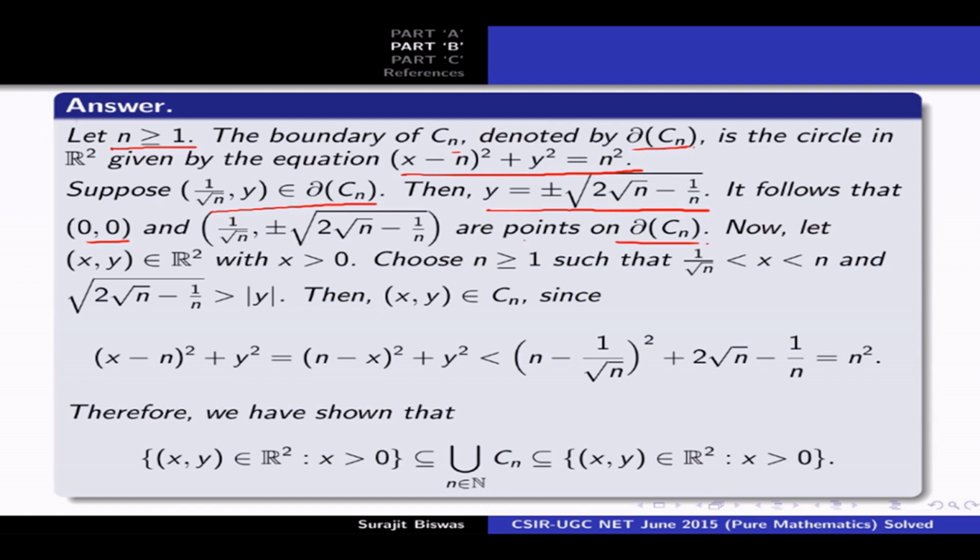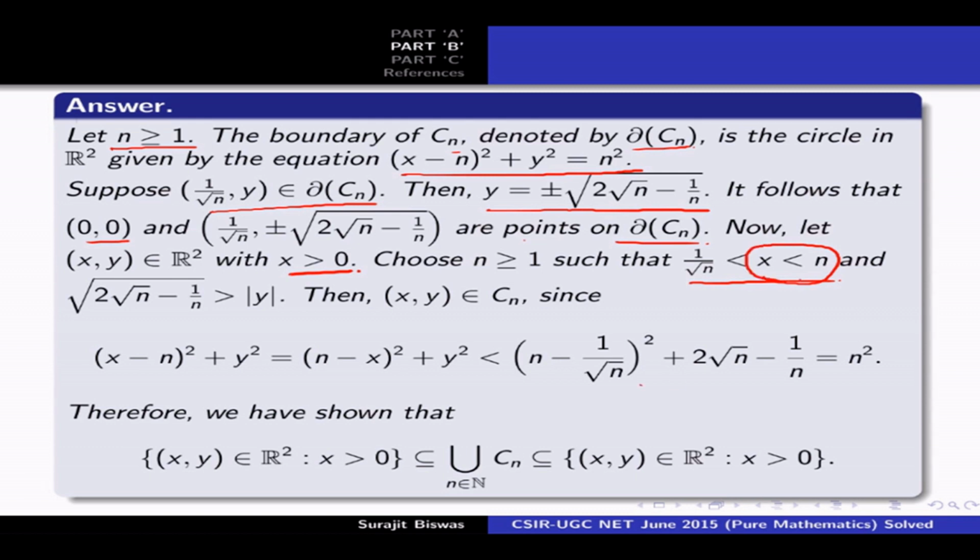Now let (x, y) in R2 with x bigger than 0. Choose n greater than or equal to 1 such that this condition we already discussed holds, and also we need to choose n such that this holds. I mean, it has to be less than n. This is a technical reason which will be clear from the next line.